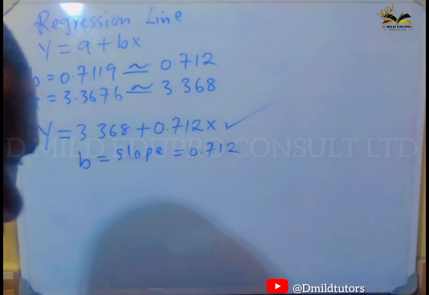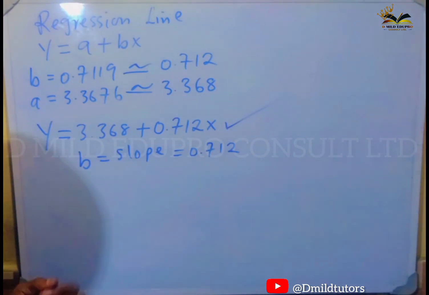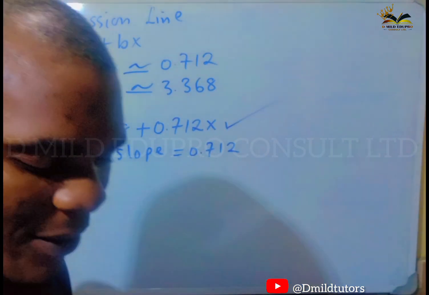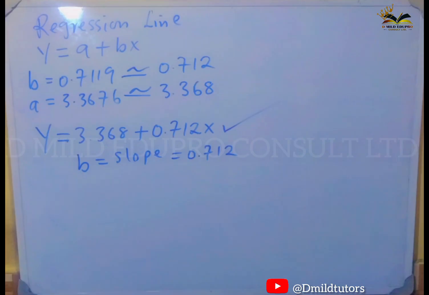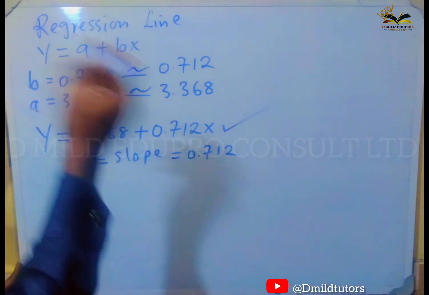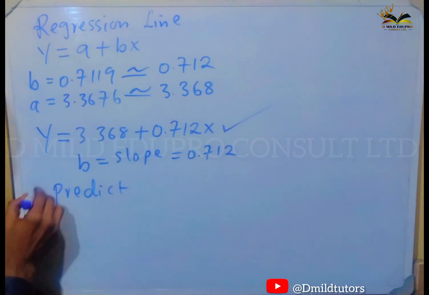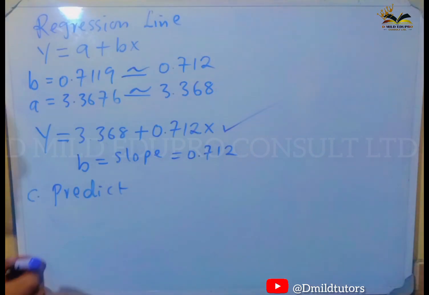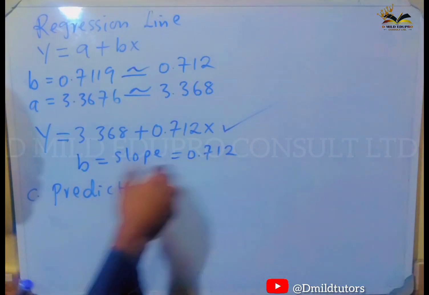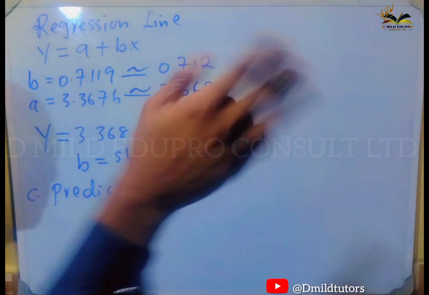You understand? So part C of this question says you should predict the performance score when the training hours, which is X, is given. So we are going to forecast or predict, for example, now this is the C part of the question. The B part says you should interpret this. So for every 1 hour increase, there is this on the screen.